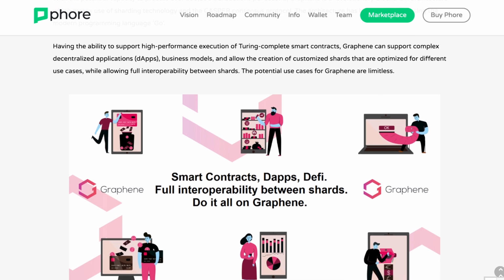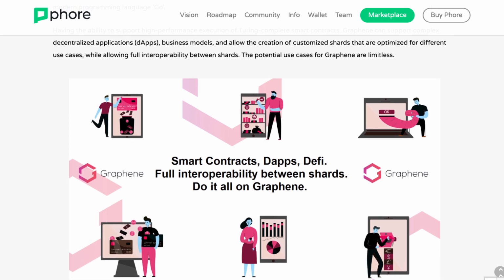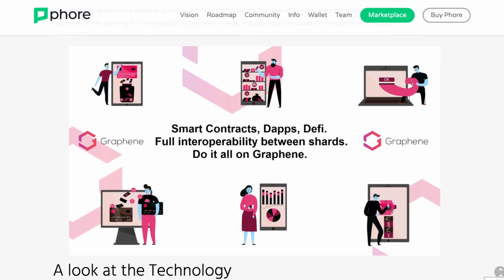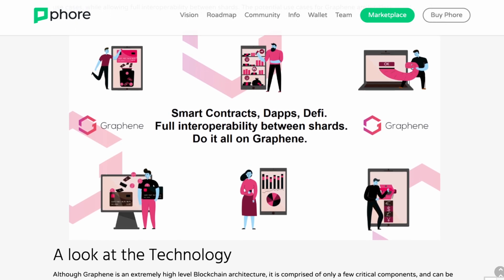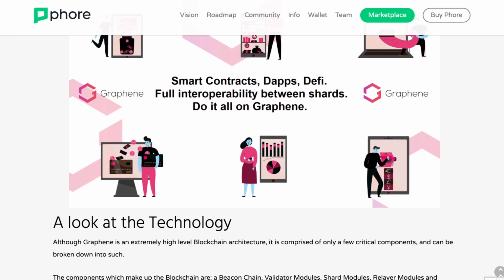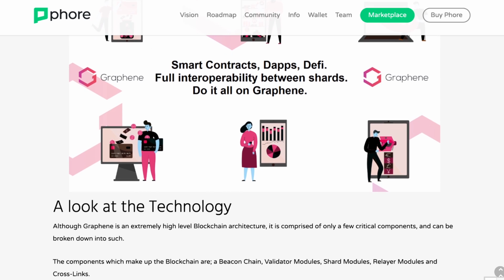The only thing I will note is that the powerful combination of technologies makes Graphene better than all its competitors. And all because it aims to complete what Ethereum started, that is, to build on and adapt to smart contract technology to meet the growing needs of the industry.